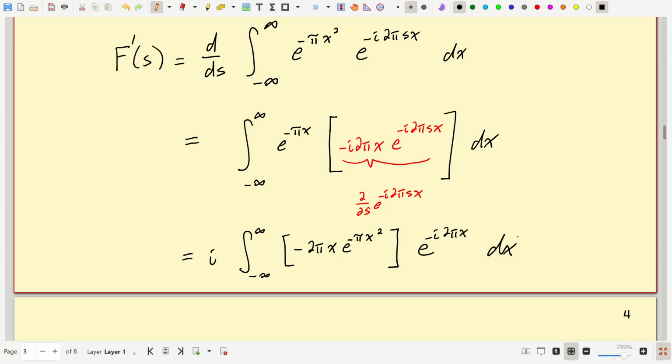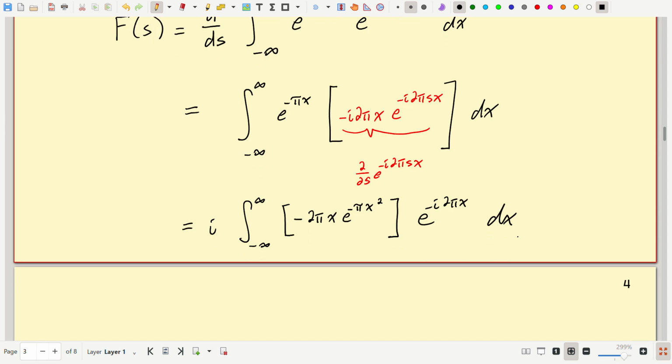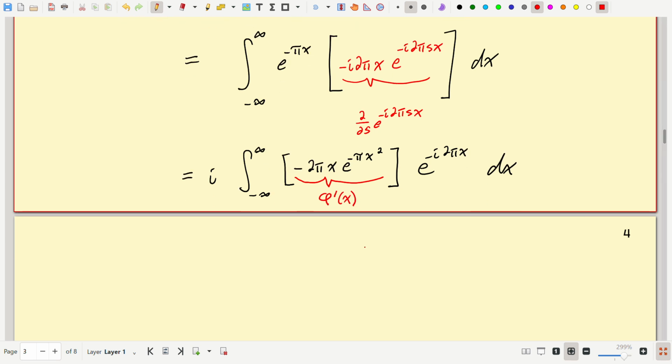This thing right here is the derivative of something. Look at it, yeah, this is phi prime of x, where the phi is e to the minus pi x squared.